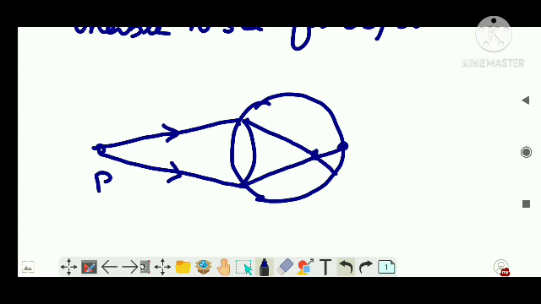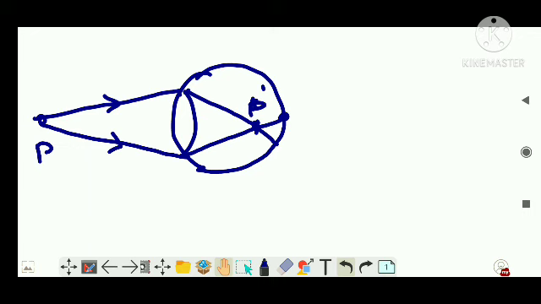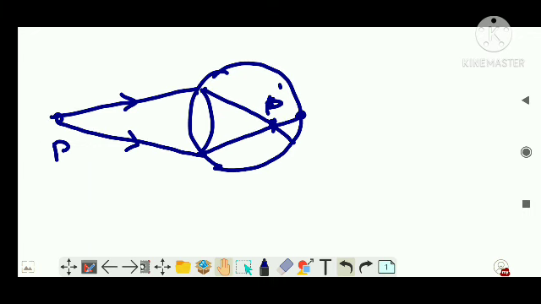That is P dash, the image of the object P, formed here. That means I will not be able to see P correctly. The convergence of the lens is happening before the focal point. So what should I do?